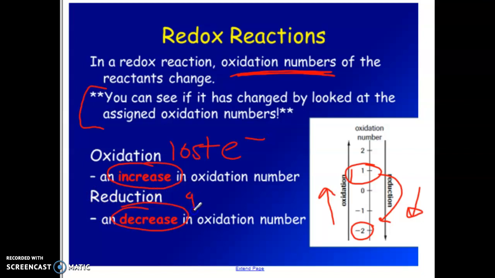Reduction reactions is where you have a gain in electrons. You have to think, it's becoming more negative. There are going to be extra electrons than there were previously. Oxidation reactions are becoming more positive. They're increasing, which means they are losing electrons.